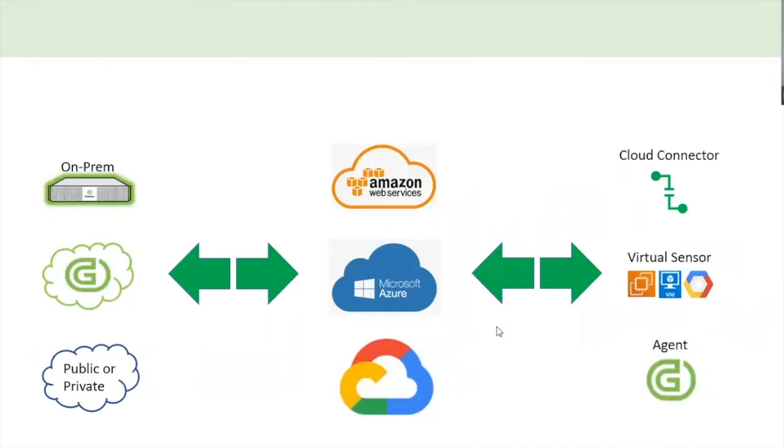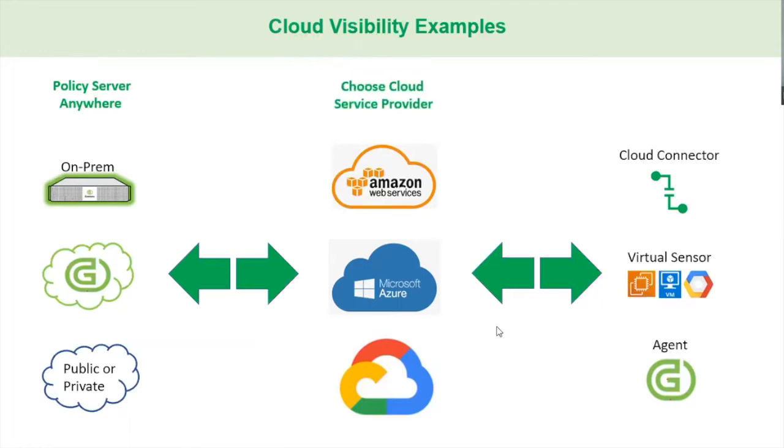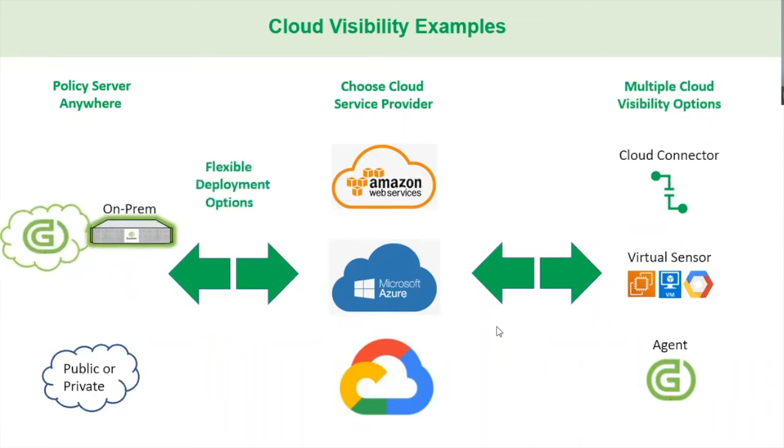So when we talk about cloud visibility examples, what we're going to talk about here is the flexibility, again, to choose where you deploy your management component. Also, you're going to be choosing your cloud provider, and then you want to choose how you're going to get that visibility and control.